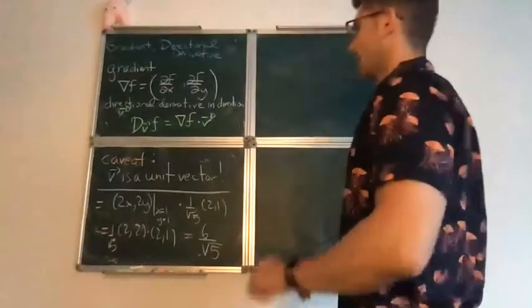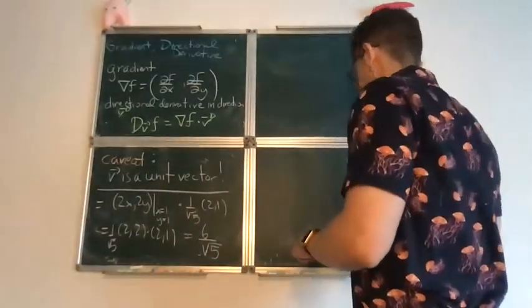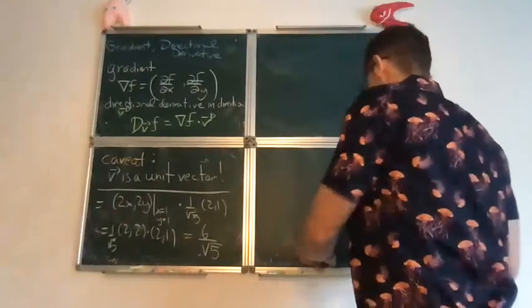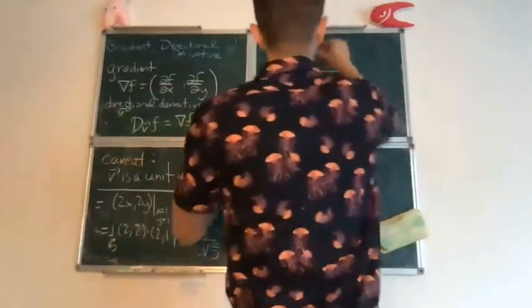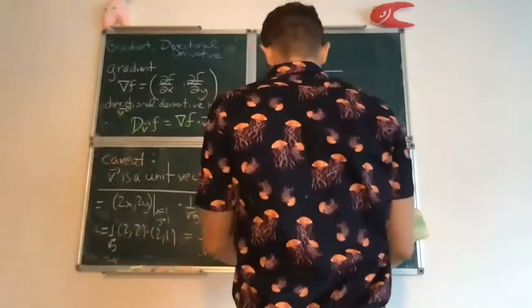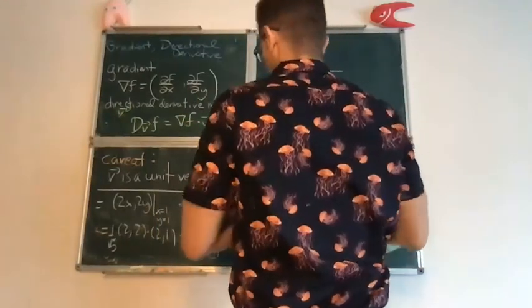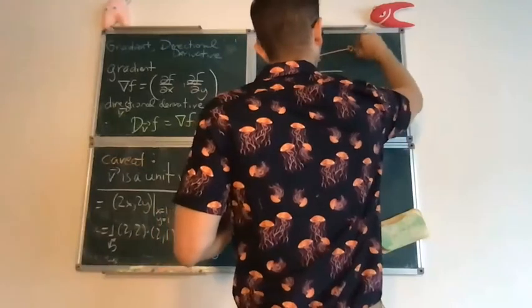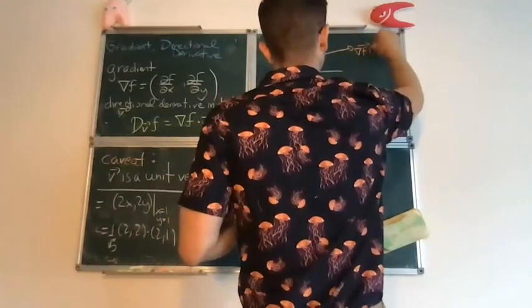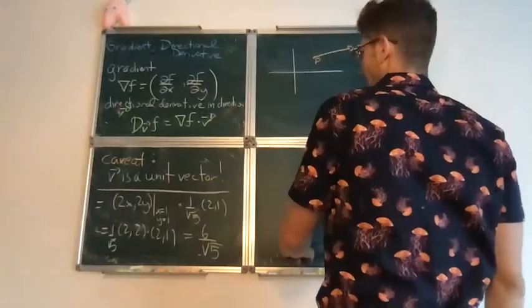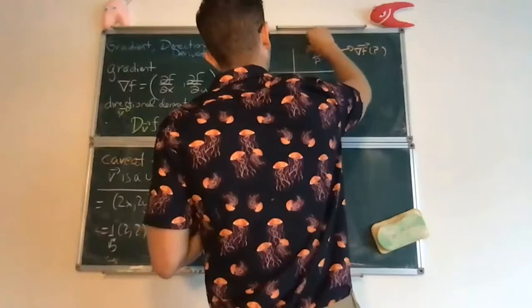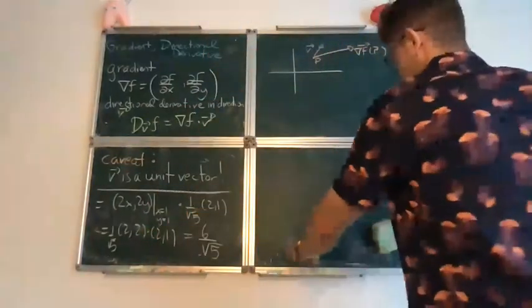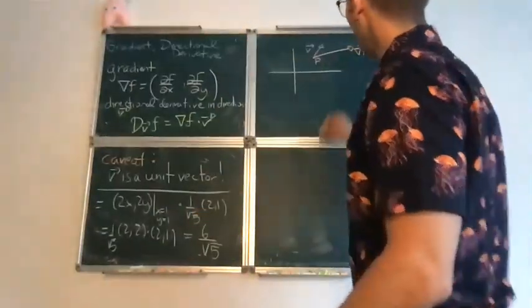And so, in general, remember a dot product. If you think about it from the perspective of the domain, you have a point P, the gradient is some vector evaluated at this point, you have another velocity vector v, and there's an angle between them.